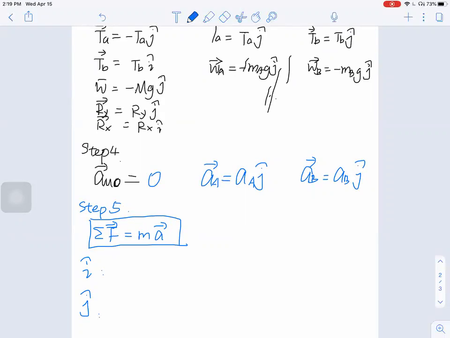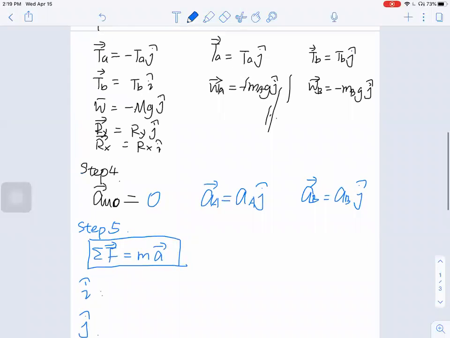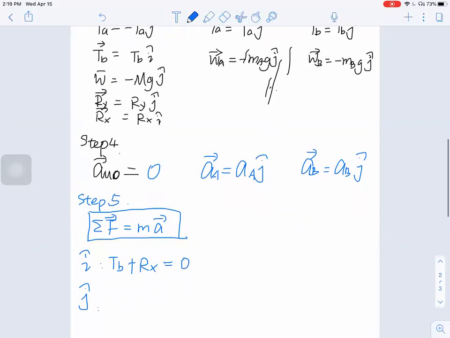So in the I direction, the forces we have are TB, right? Look at what we have in step 3. What other forces in the I direction? That is Rx. TB plus Rx, and the sum of them equals ma, and since we don't have acceleration for AMO, that's 0.